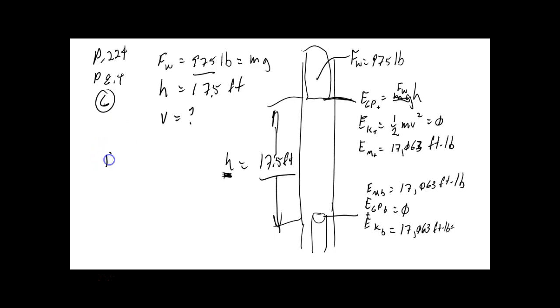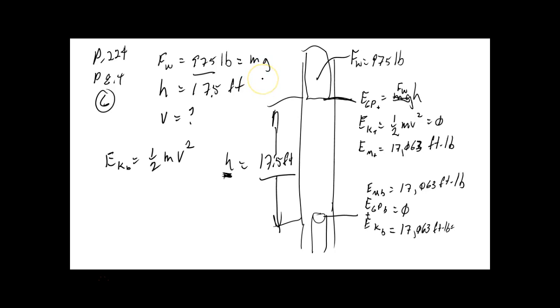I'll just keep it this way. E sub k at the bottom is 1/2 mv squared. Well, we've got to figure out how many slugs 975 pounds is. So that's another problem, okay?